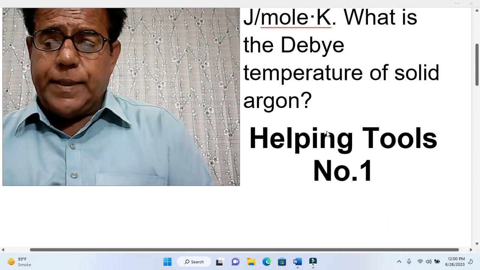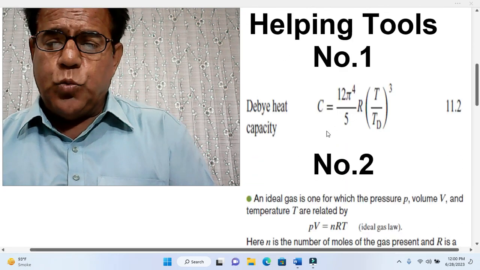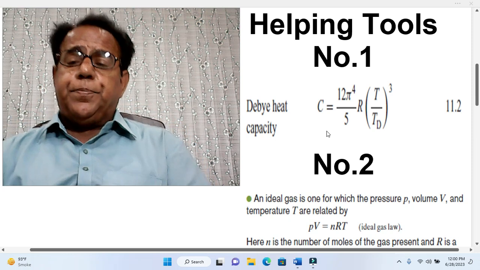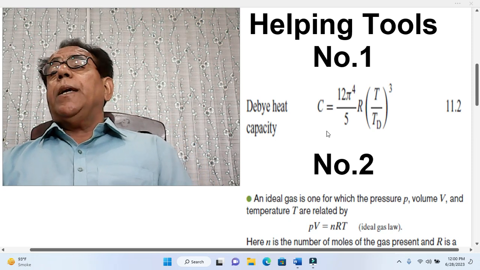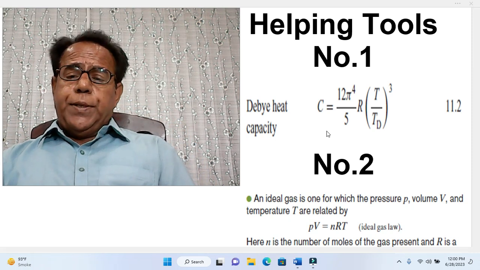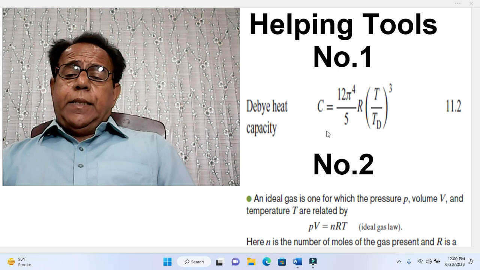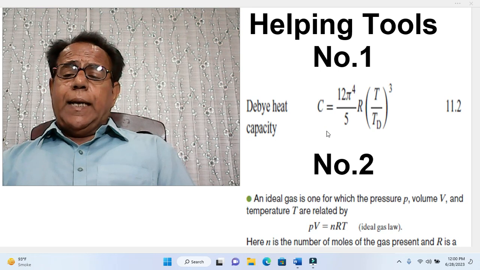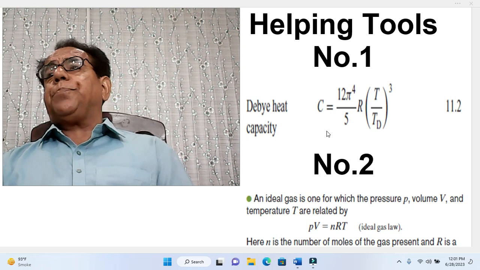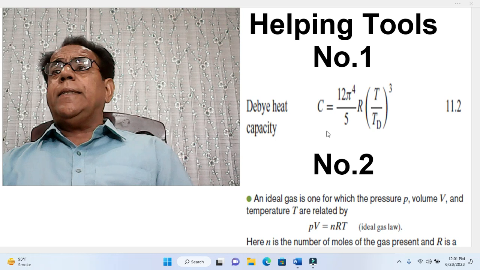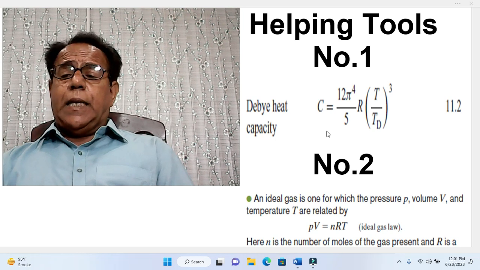Dear students, as usual we first come to helping tools. First helping tool defines Debye heat capacity. This tool number 1 has been shown as equation number 11.2, but actually this is not equation 11.2.